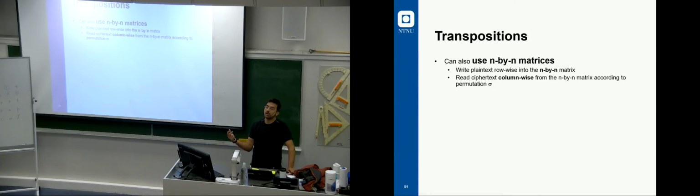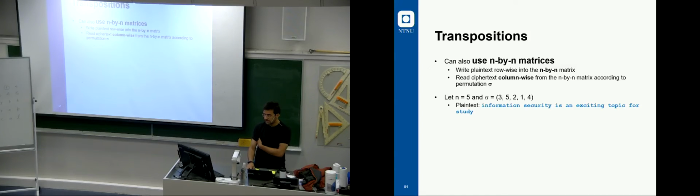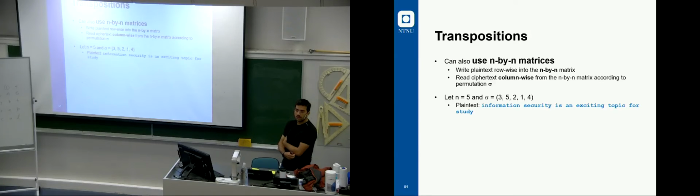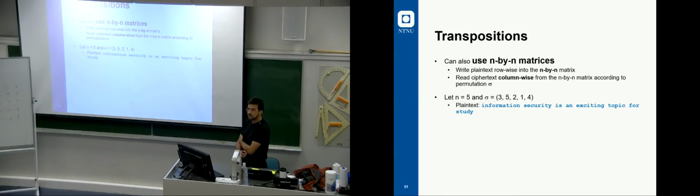If we have a long text, we can write it in, say, 2 or 3 matrices, then use the same procedure to convert that into ciphertext. Say, for example, let n equal 5 again, with the same permutation pattern, and the plain text is: information security is an exciting topic for study. How can I convert that into an n by n matrix? Anyone?